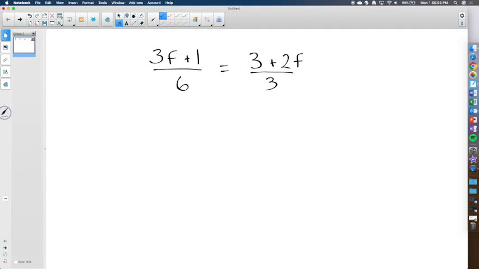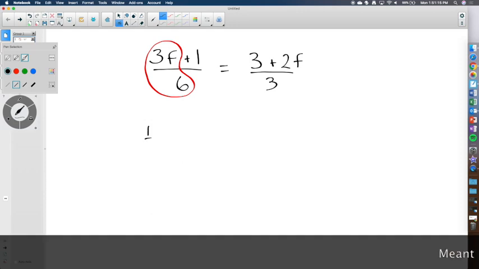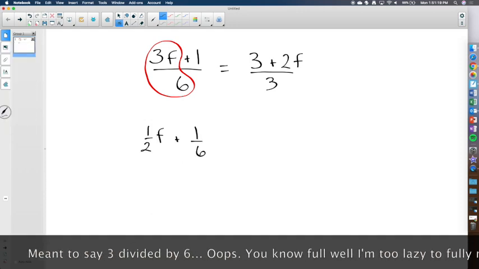So I'm going to write up these two fractions. I got 3f plus 1 over 6 is equal to 3 plus 2f over 3. And again, this is an issue because I've got variables on both sides, and it's even harder now because I've got those fractions. Okay, so I could use my distributive property, and I could make sure that I divide each thing up top by what's in the bottom. So if I go 6 divided by 3, that's the same as 1/2, so I could have 1/2 f plus 1 over 6.